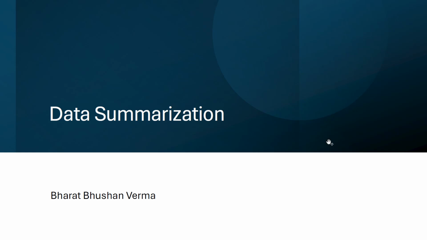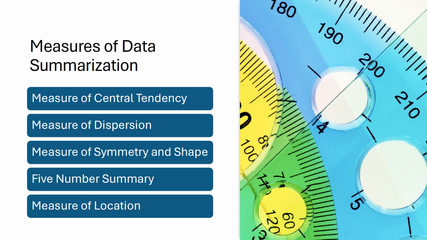The parameterization of the data involves several measures such as measure of central tendency, measure of dispersion, measure of symmetry and shape, measure of location, and a capsule summary of several of these measures put together called 5-number summary.